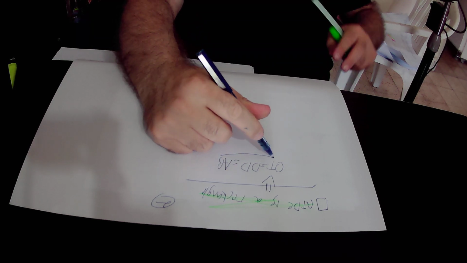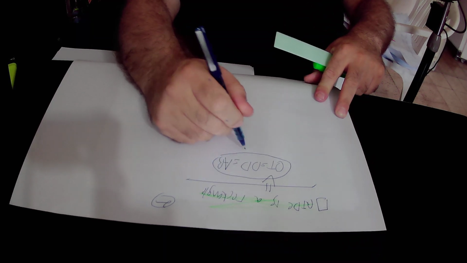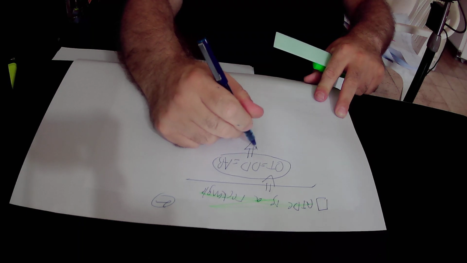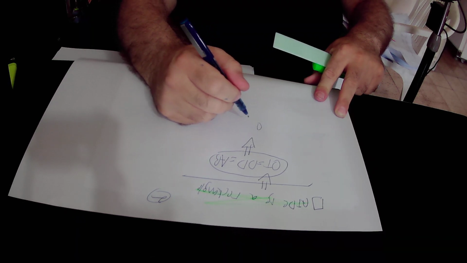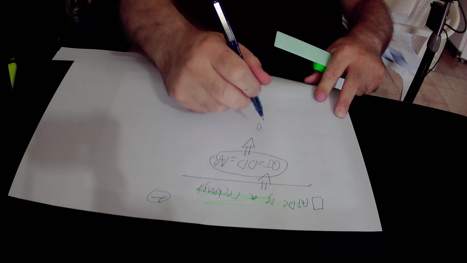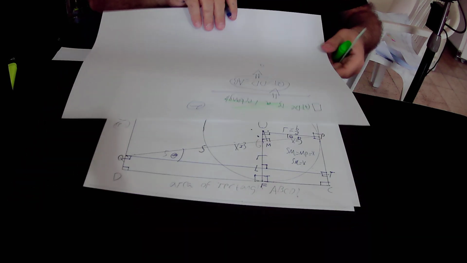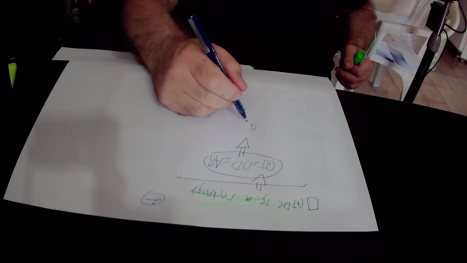And from this equation QT equals DC equals AB, we derive that QT equals AB.